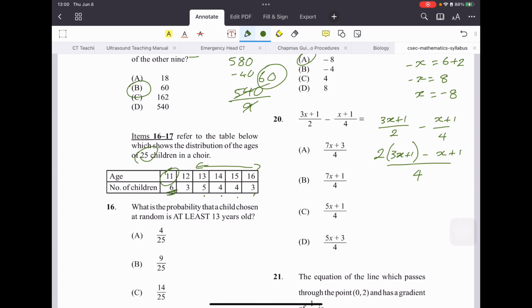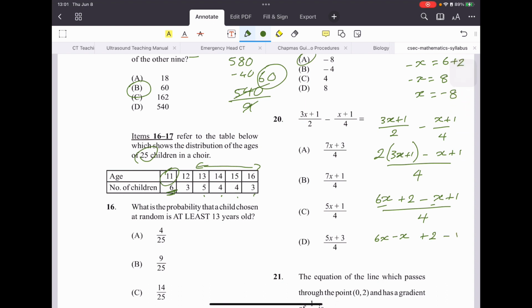So 2 into 3x is 6x, 2 by 1 is 2, minus x plus 1 all over 4, and I can simplify it now. So I group my x's together, so it's going to be 6x minus x, and I group my knowns together, so plus 2 minus 1.